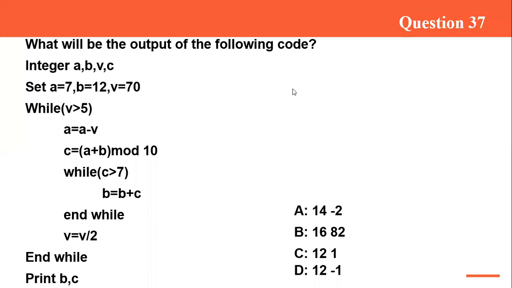Only one answer I got: 12-7. Okay, not in the options. We'll cross-check. Others, also make it fast. Please be quick.